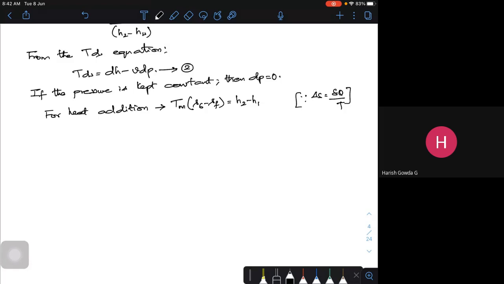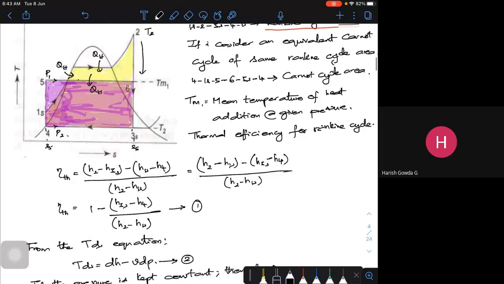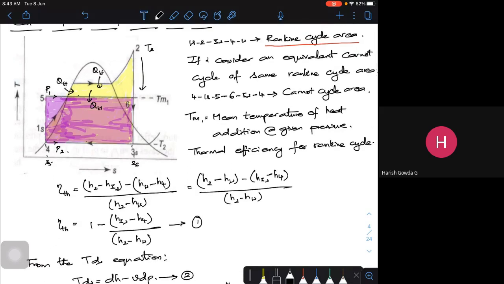Now, similarly for the heat rejection process, where the heat rejection is occurring at the lower temperature, let me call it T2 or T low.